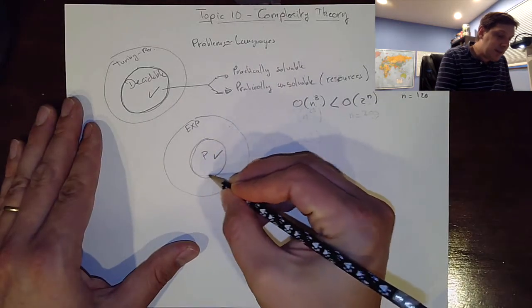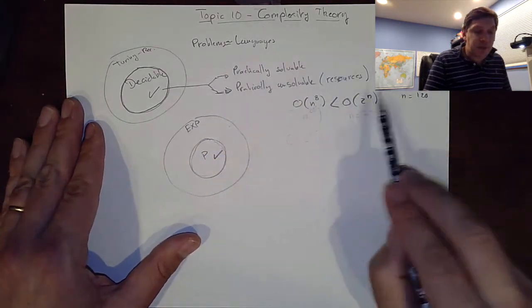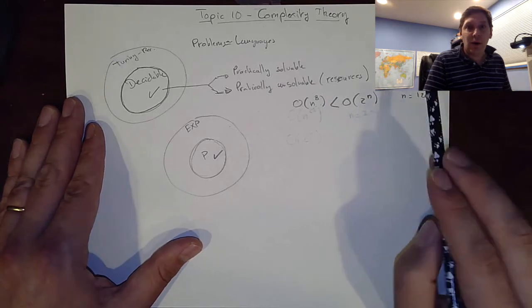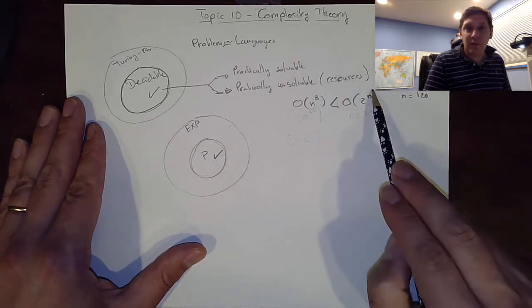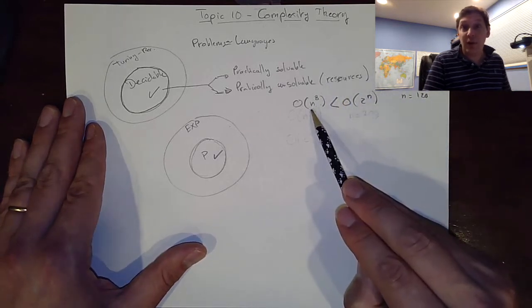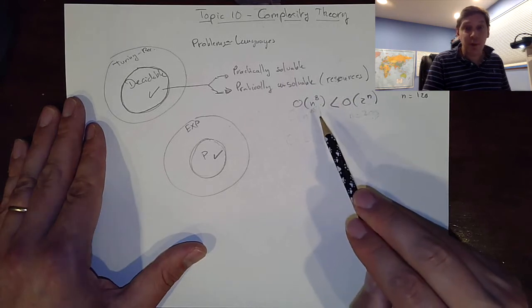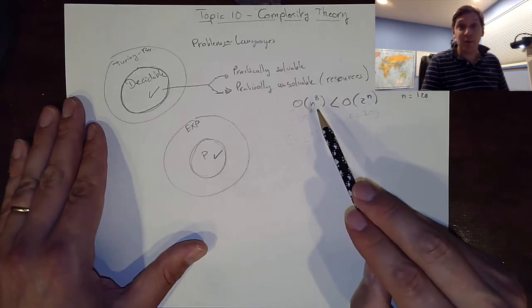Does it mean that I cannot find an n where the exponential algorithm is going to be faster than the polynomial time algorithm? That's not true.